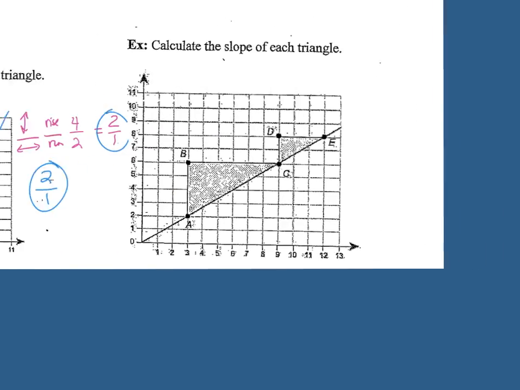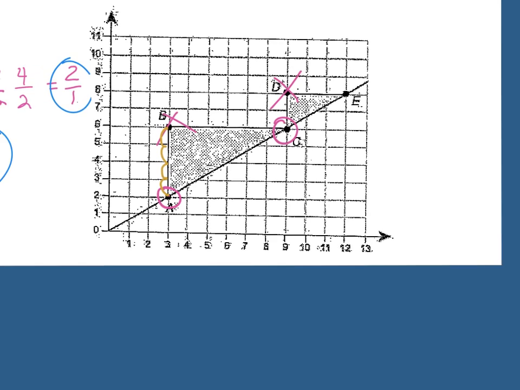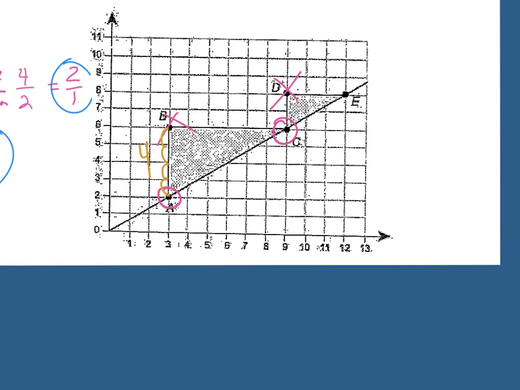Okay, so last example. My big triangle, I'm going to look at points A and C because those are the same triangle and they're on the same line. I don't really care about B. I don't care about D. So let's see what our rise to our run is. So from A to C, 1, 2, 3, 4. 4 over 6. 4 over 1, 2, 3, 4, 5, 6.